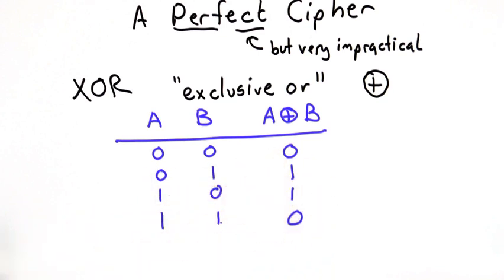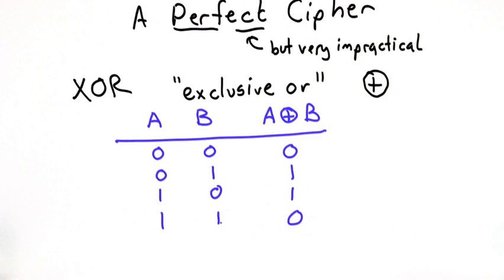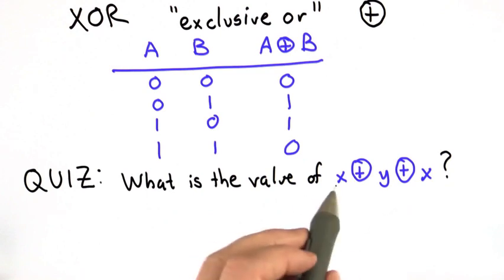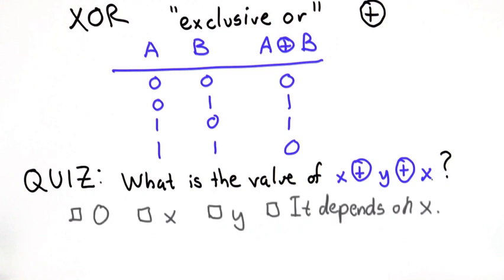So that's why we end up with this truth table. XOR has lots of useful properties that make it the favorite function of every cryptographer. And I'll see if you can figure out one of these on your own. So the question is, for any values x and y, what is the value of x XOR y XOR x? So here are your choices: 0, x, y, or it depends on x.